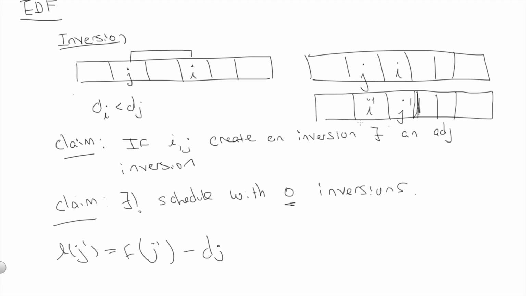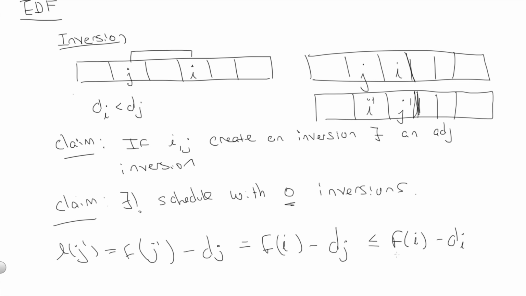J and J prime have the same deadline. Well, this whole statement here is equal to the finished time of I, because notice both I over here and J prime are going to end at the same time, minus the deadline of J, right? Because J prime and I finish at the same time, and we haven't changed the deadline of J, so these things are equal. This statement right here is going to be less than or equal to the finished time of I minus the deadline of I.